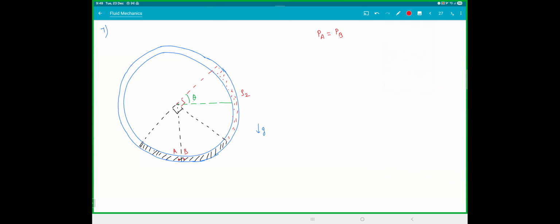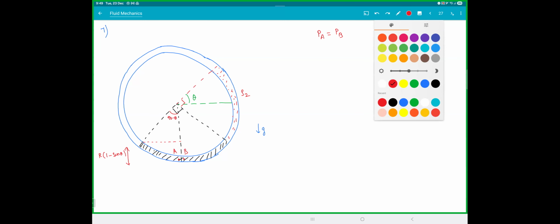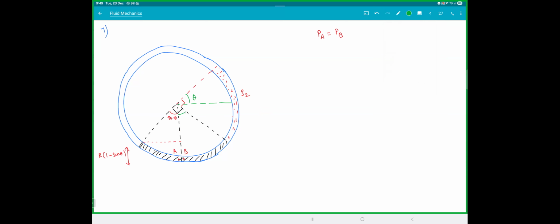So then you're great. If that is theta, this is 90, so this is 90 minus theta. Now it is just all geometry. Then this height will be R into 1 minus sine theta, because this is R sine theta. Similarly, on this side, this is theta.